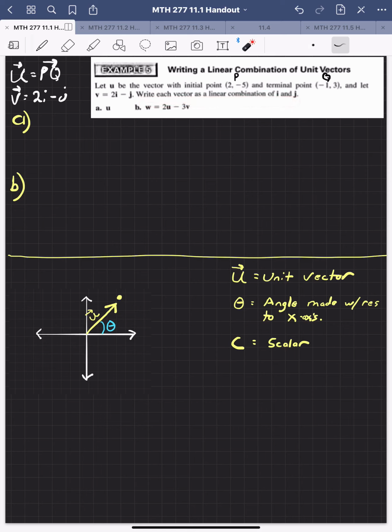So let's start with part A. Part A just says simply write u in ij notation. So here's what we have so far. All right, let's get started.